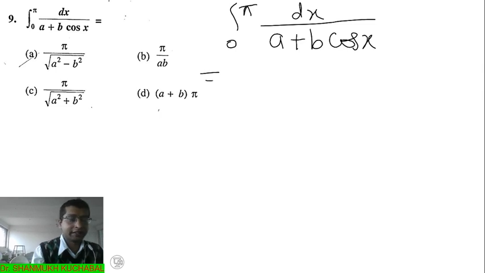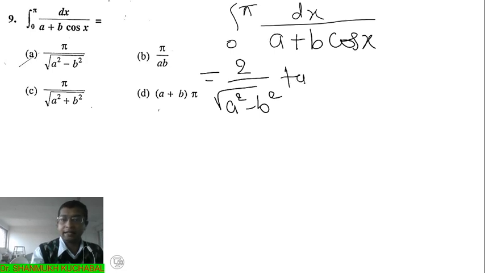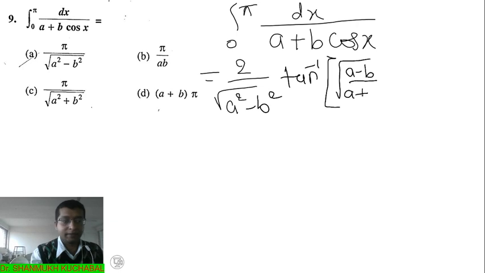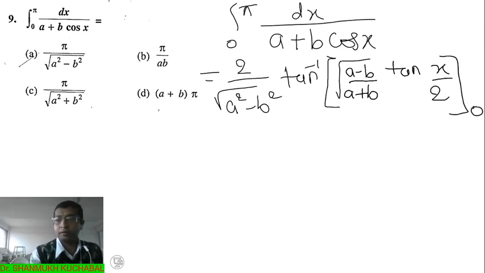Its integration is 2 divided by the square root of a square minus b square multiplied by tan inverse of root of a minus b divided by a plus b tan x by 2, and the limit is from 0 to pi. Further, we have to take the value of x equal to upper limit minus the value of x equal to lower limit.